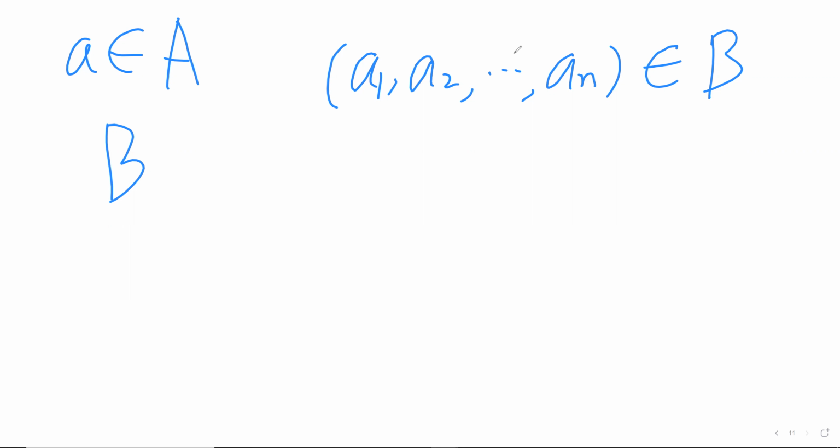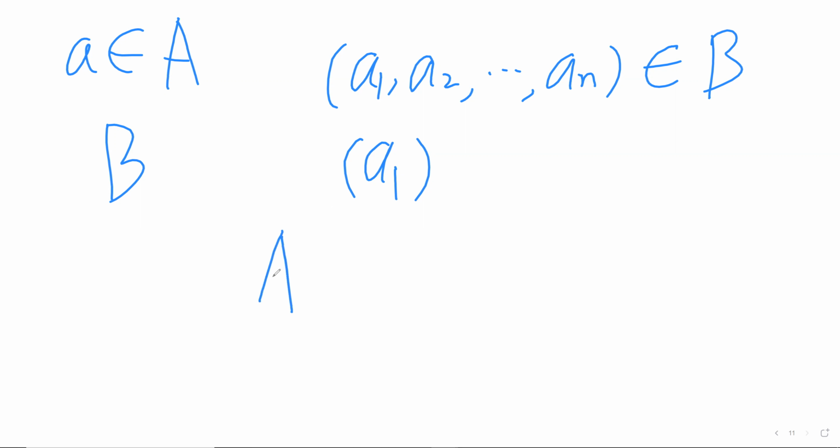The reason is, suppose only n is equal to 1, only one element is in this sequence, in this tuple, then of course every element in A is uniquely mapped to elements in B. In that case, B is countable as A, because countability is transferable.